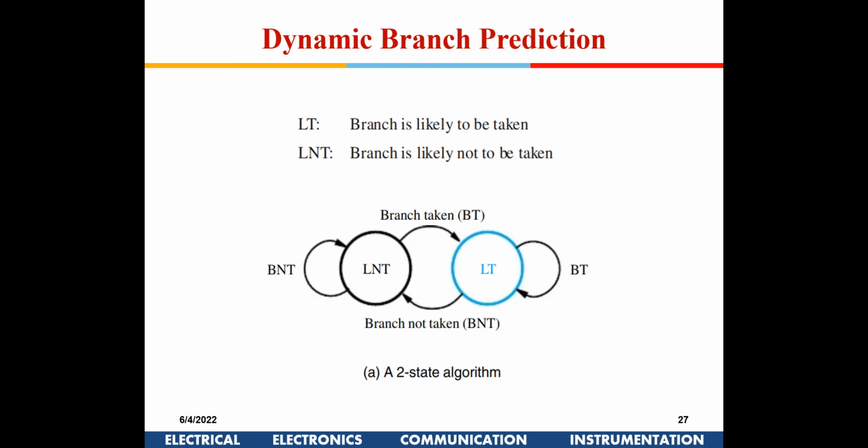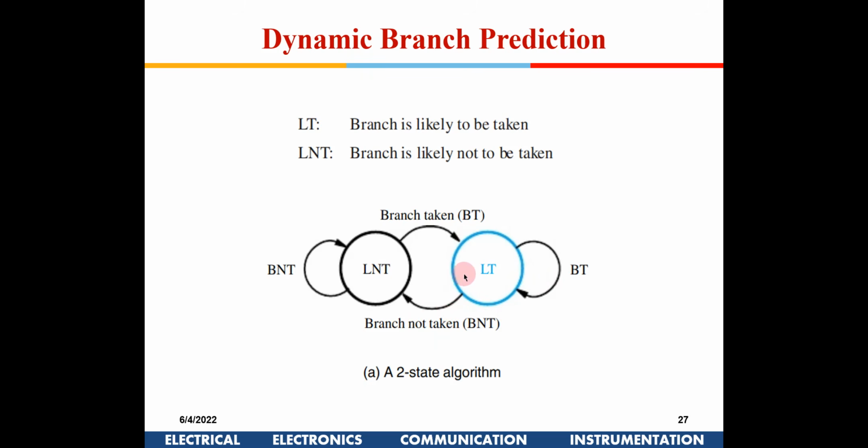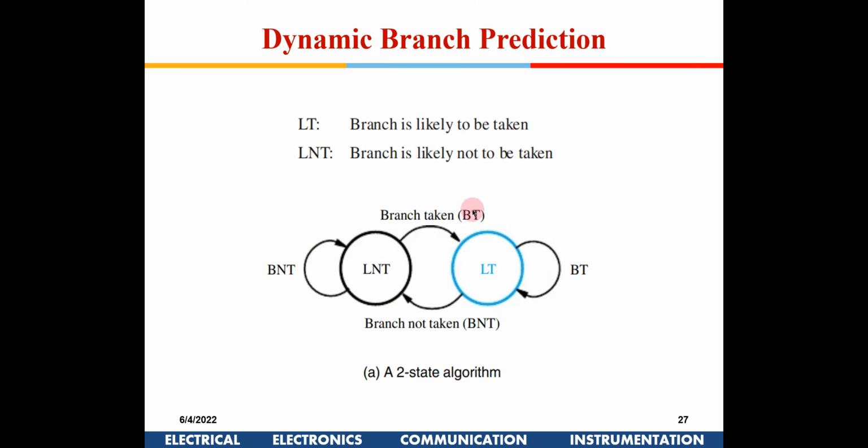So you could have something known as dynamic branch prediction also. Okay, so what is it? If you see, there is branch likely to be taken and branch likely not to be taken. Here you have to initially decide whether branching is happening or not. Here dynamically we are deciding either to implement this or to implement this. Which scheme needs to be implemented is decided through a branch prediction logic.